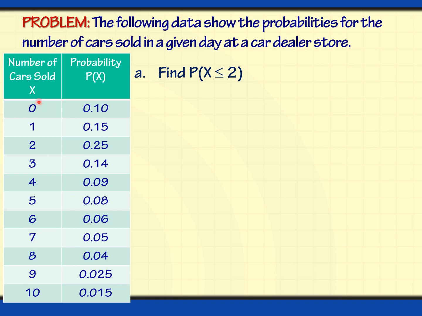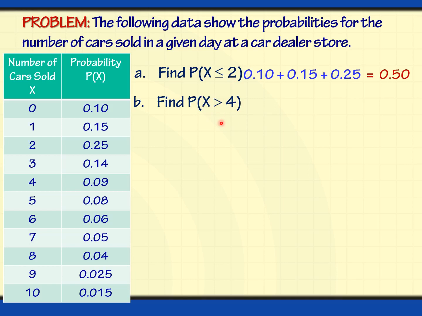So all you have to do is add those three probabilities: 0.10 plus 0.15 plus 0.25 is equal to 0.50. That will be the probability of selling exactly 2 cars, only 1 car, or no cars at all. Is that clear?